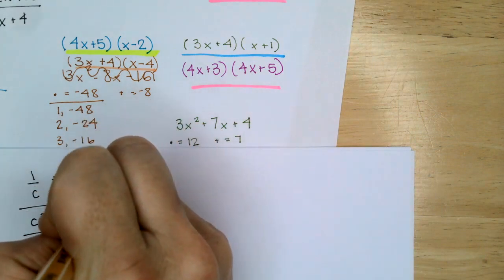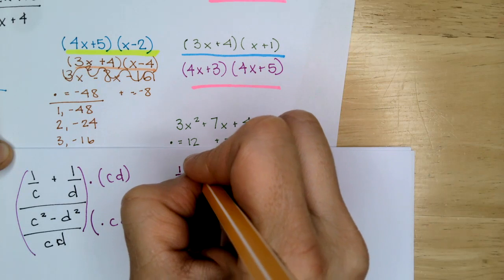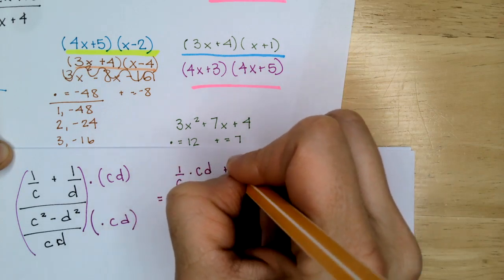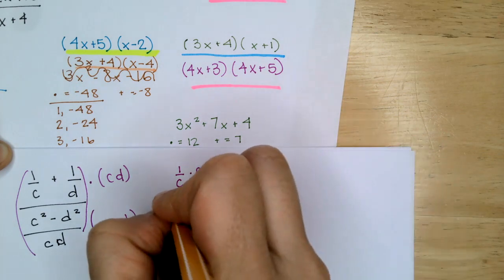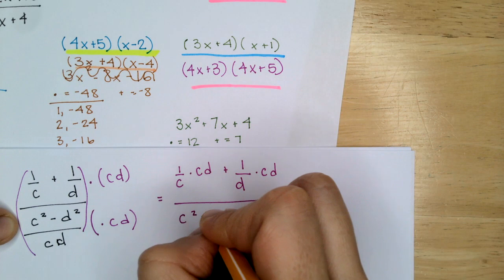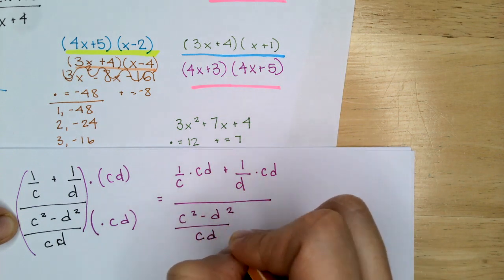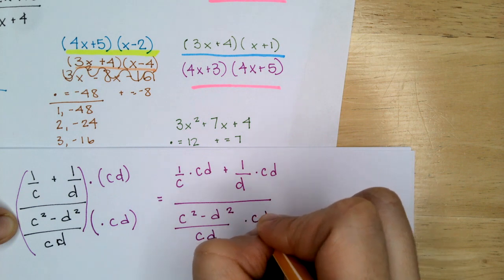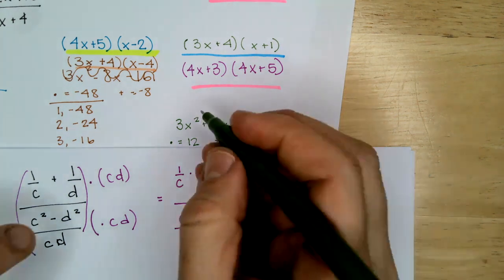So when you distribute it now, you have 1 divided by c times cd plus 1 divided by d times cd over c squared minus d squared divided by cd times cd. Good, let's cancel immediately.